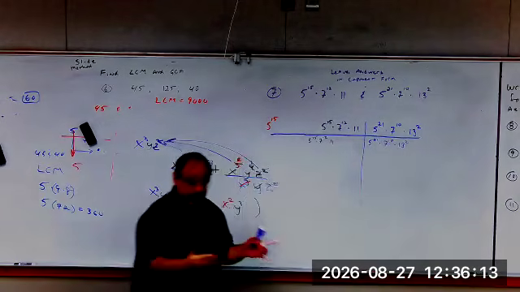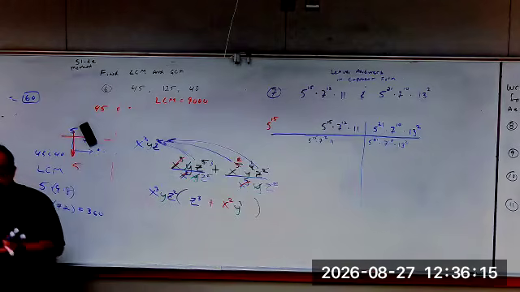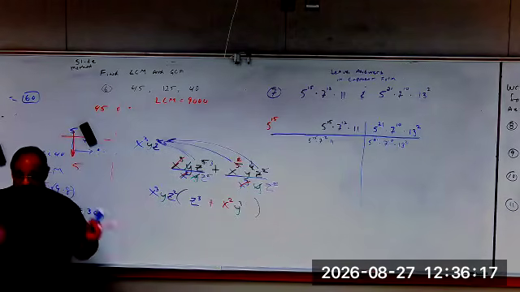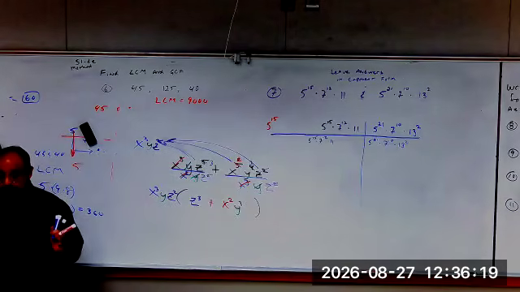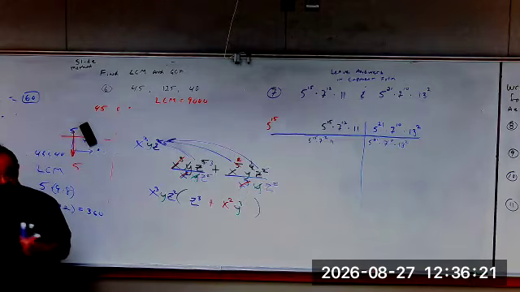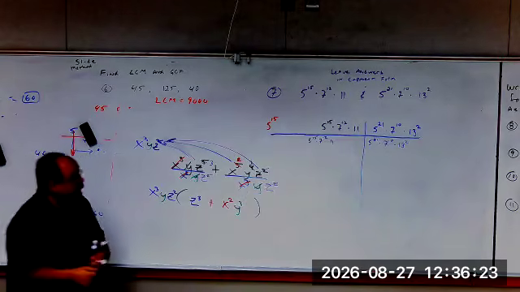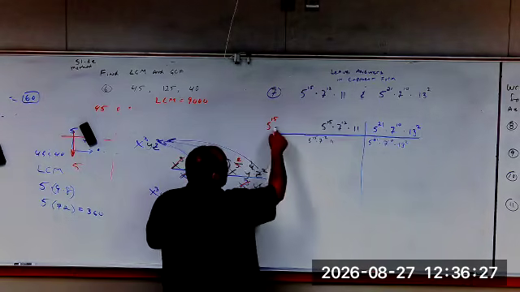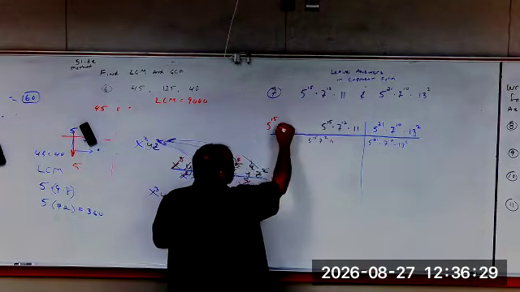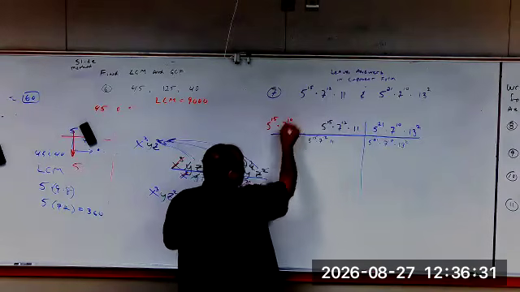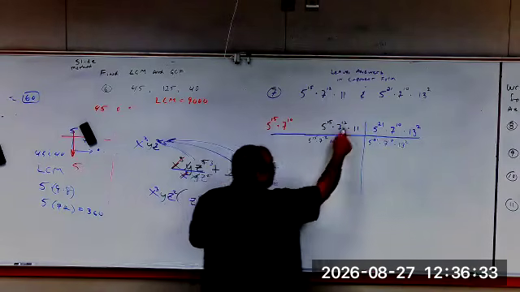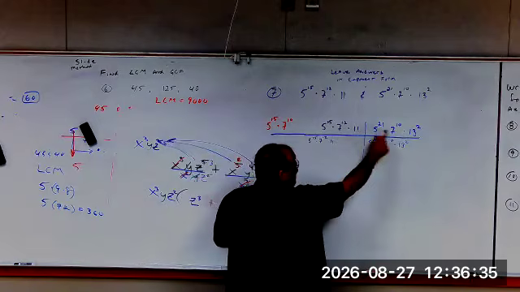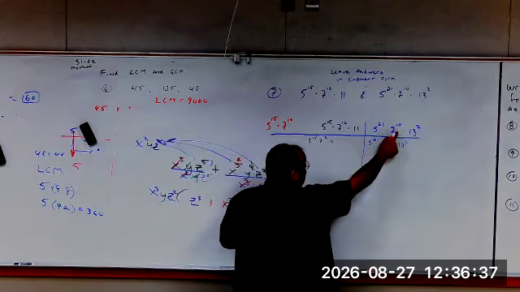So they both have a factor of 7. But what's the most number of sevens each one has? 10. They each have 7 to the 10th. So I'm able to factor out a 7 to the 10th. So I can take 5 to the 15th out of each and a 7 to the 10th out of each. 10 and 12, the most they have in common is 7 to the 10th.